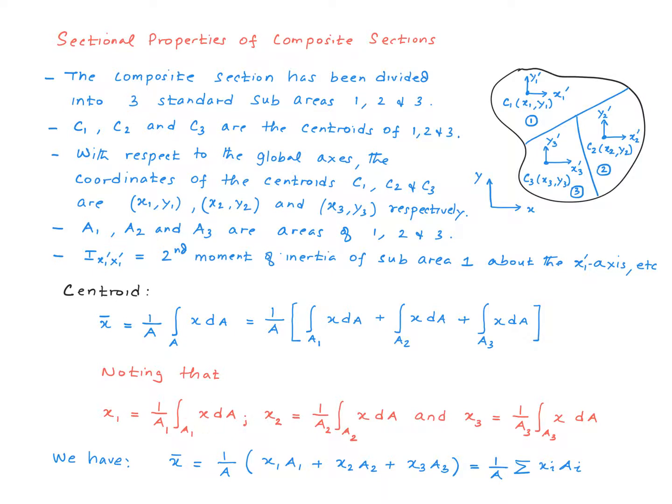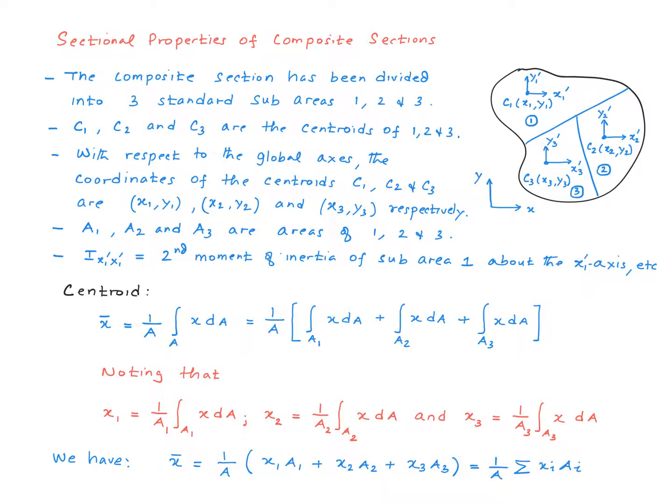So from this first equation, we can see the integral of x times dA over A1 is simply x1 multiplied by A1, right? So in place of this, I can write x1 times A1. And similarly, the second integral becomes this, and the third integral becomes this.